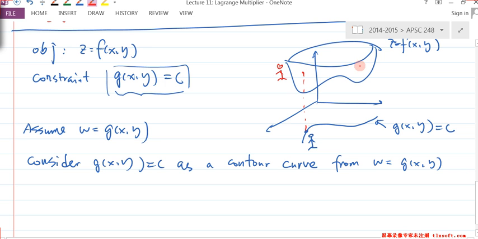The trajectory of the red guy will trace out a curve along the surface when this one is moving around here.